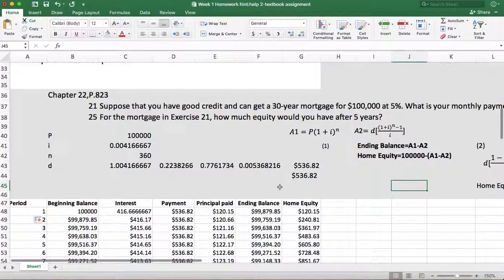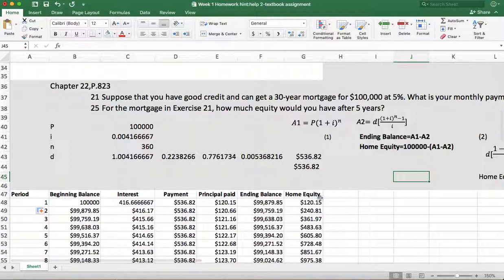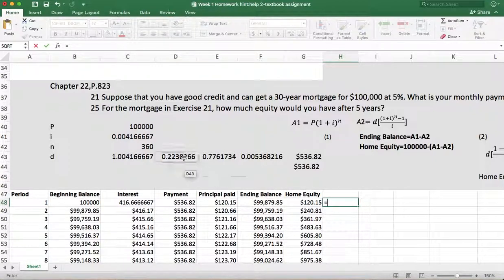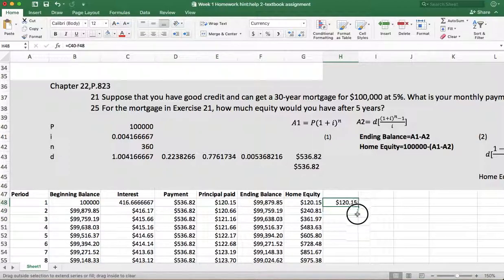Actually, in real life, your home equity is the market value of your home minus the ending balance. But in this exercise, we just assume that the market value is the price you buy the house, because if you use the loan minus the ending balance, you get the same number here.